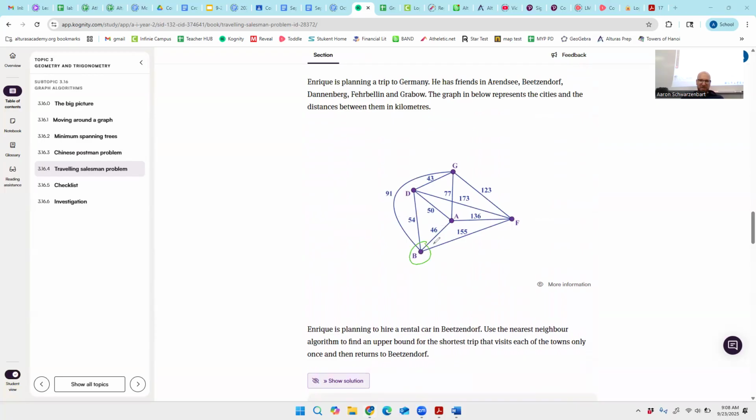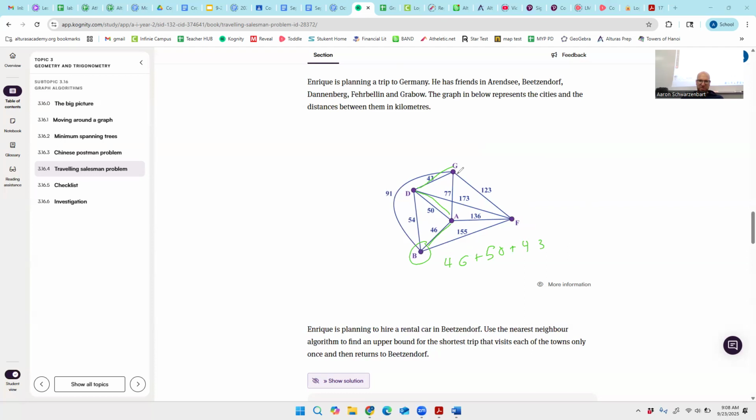Nearest neighbor to B is A, correct? Yes. So 46. Nearest neighbor to A is D, plus 50. G is 43.